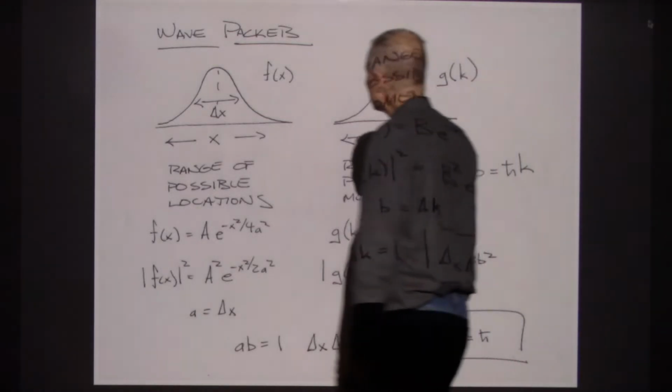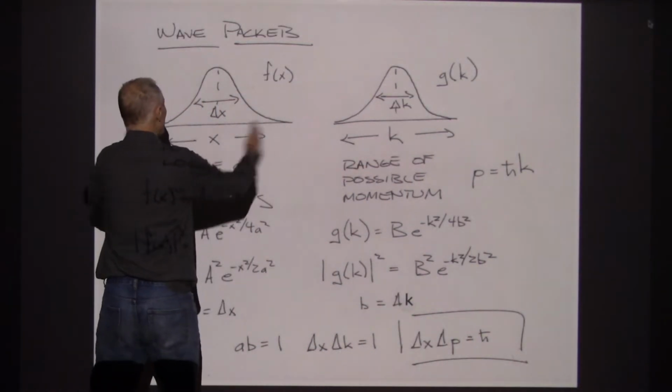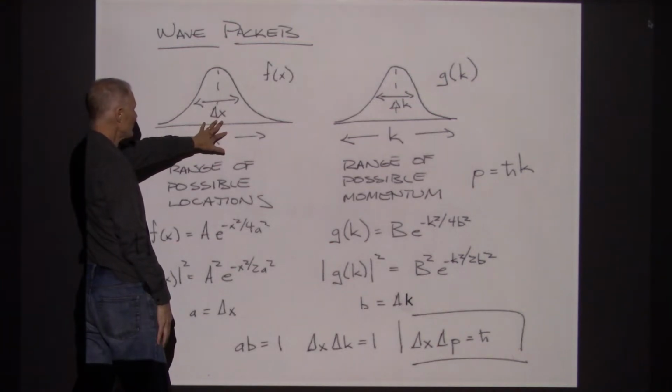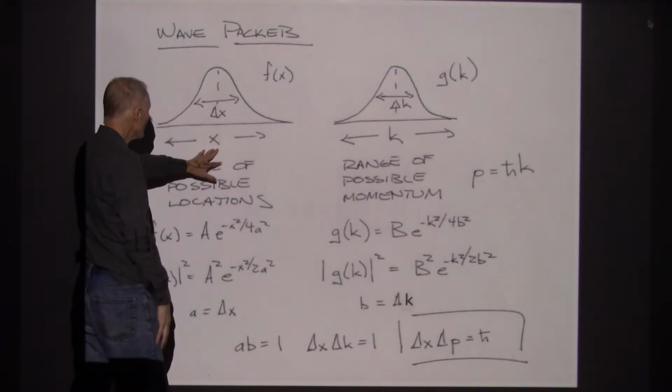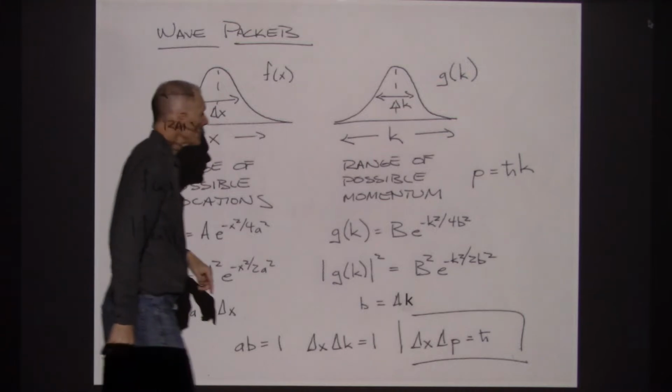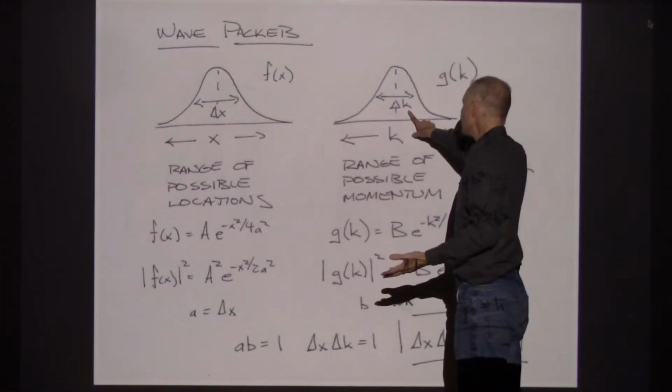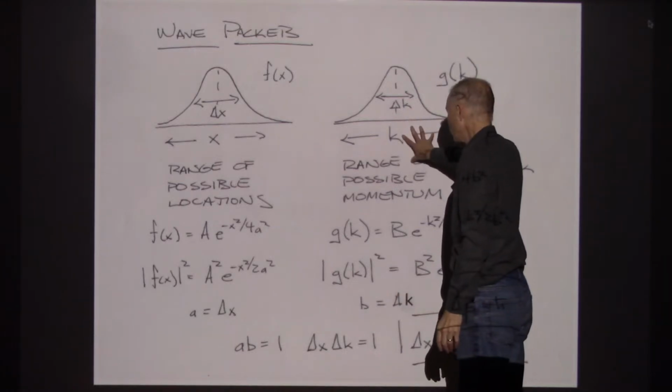And the compromise is, okay, we're going to say the particle is being found within a region the size of delta x around some central x value, and that it's got a range of possible momentum or wave numbers around a central value.